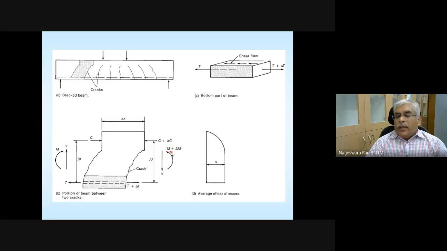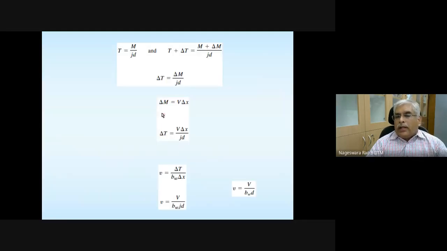So M plus V times delta x should be equal to M plus delta M. Rearrange that equation, cancel M on both sides. You are going to get delta M is equal to V times delta x. And you have a relation, delta T is equal to delta M divided by jd. You substitute this relation in this, and you are going to get this one.